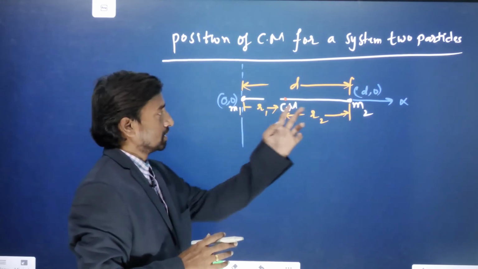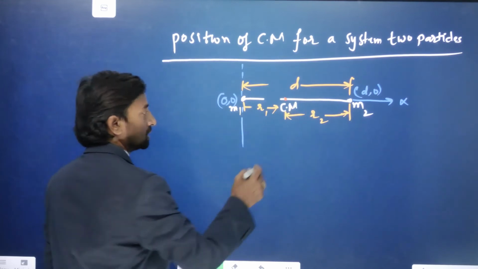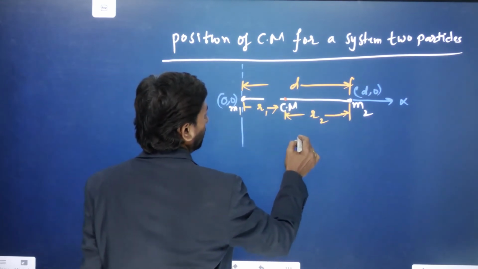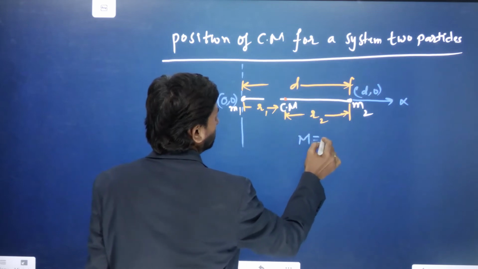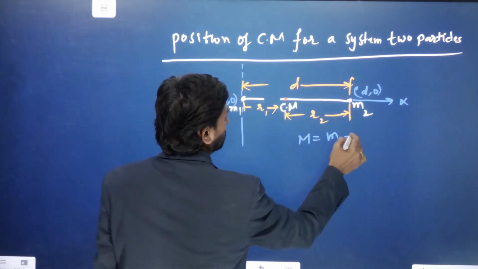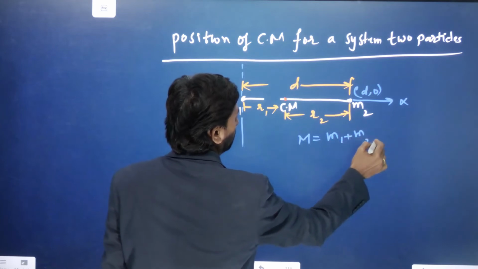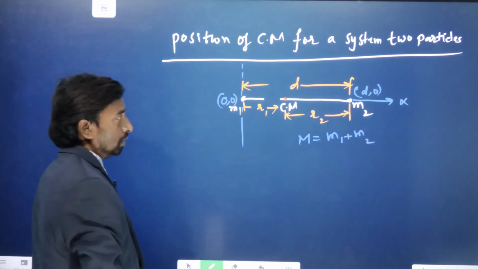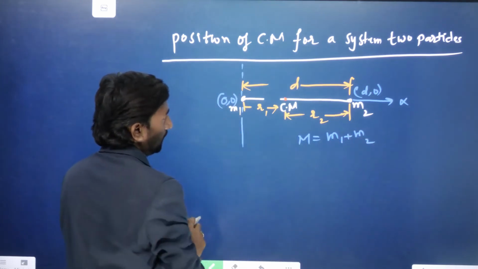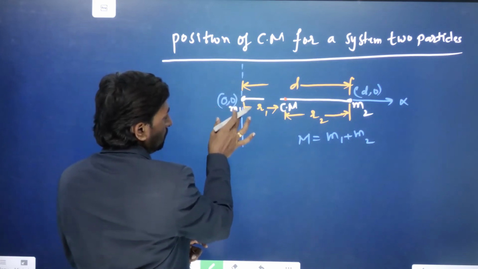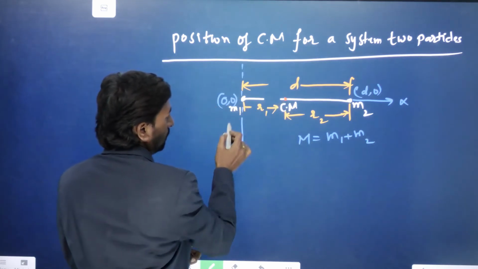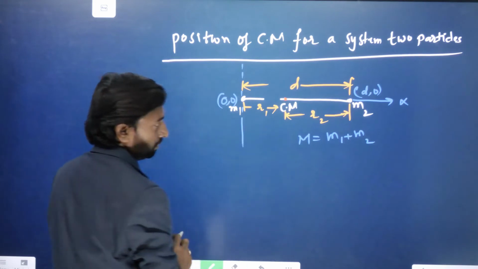Here two particles are there. So the mass of the center of mass can be represented by capital M, that is m1 plus m2. Now if the external force is applied, the center of mass is at a distance r1 from the origin.